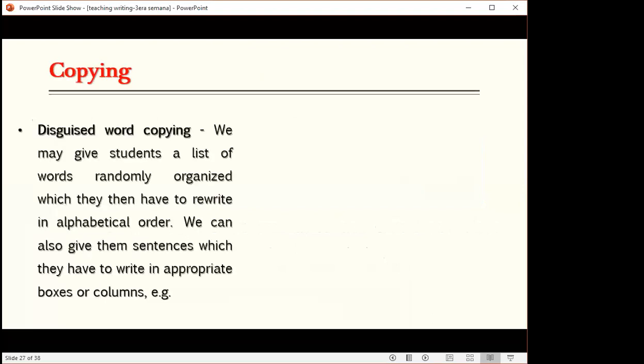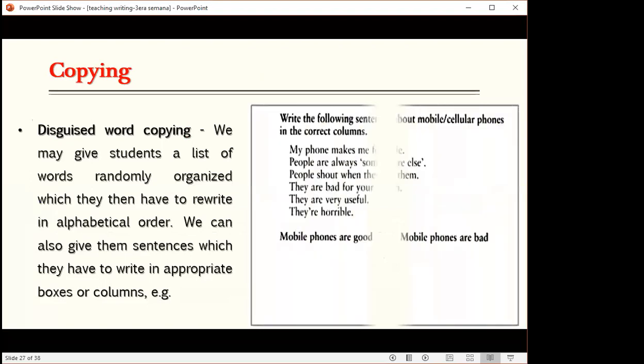Another one is the copying. Here you use this activity in order to practice writing. These guys were copying. So we may give students a list of words, randomly organized, which they then have to rewrite in alphabetical order, or we can also give them sentences which they have to write in appropriate boxes or columns. For example, this is related to writing.